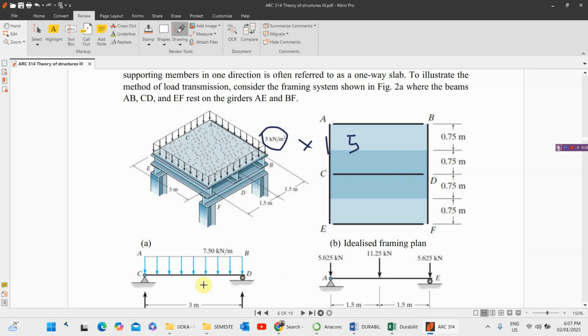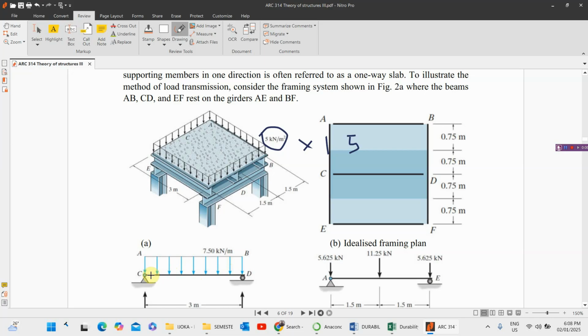Now, this CD spans 3 meters. So what load will be carried on this support C, and likewise on this support D? It's very simple. Since it's 7.5 kilonewton per meter, to convert it to a point load, it will be 7.5 times 3, which is 22.5. So the total point load on this particular beam is 22.5.